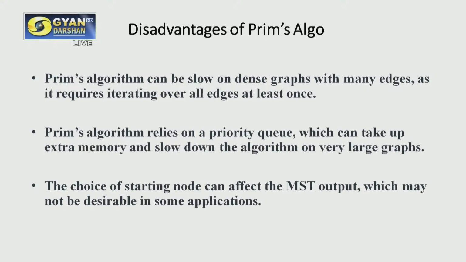And the choice of starting node: in our example we have chosen vertex A as the starting vertex for constructing the MST, but one can select any other vertex as the starting one. The choice of a starting node can affect the MST output, which may not be desirable in some applications. So these are a few of the disadvantages of Prim's algorithm.